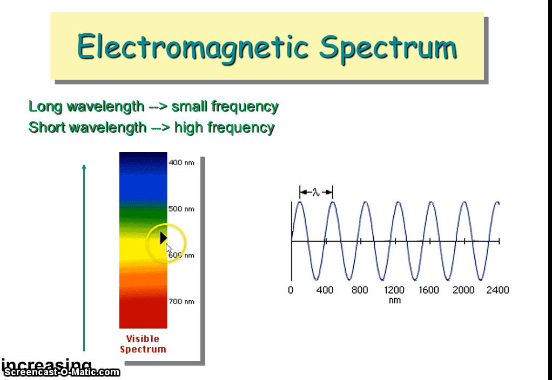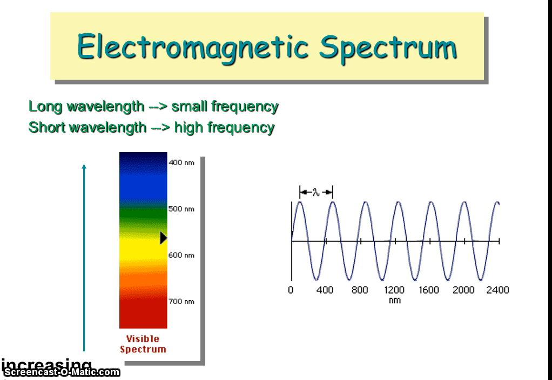So if you've ever learned Roy G. Biv, red, orange, yellow, green, blue, indigo, violet, if you put those in order, then red would be your biggest wavelength. That would be the order from biggest wavelength to smallest wavelength, and it would be the order from lowest frequency to highest frequency.